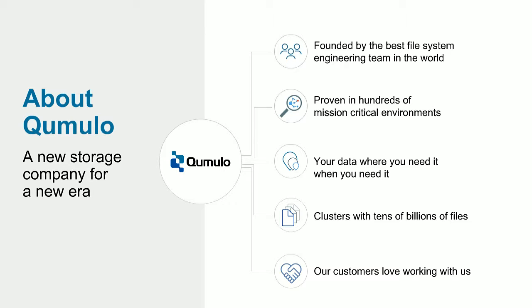And one of the really important things, especially when we're talking about compute-intensive workloads, is being able to have your file data where you need it, when you need it, and that's a very important aspect of what Qumulo offers to its customers. And we are built to scale.